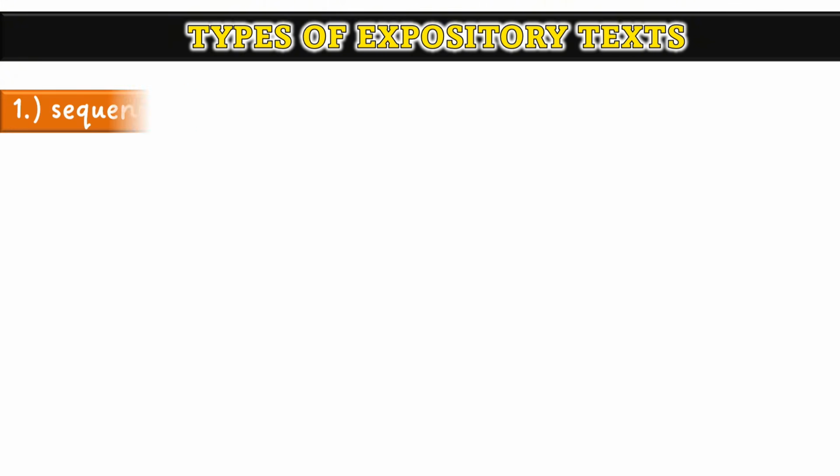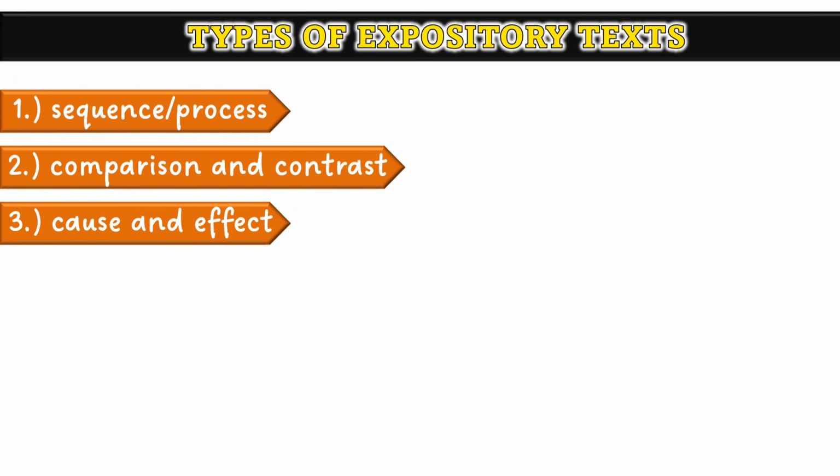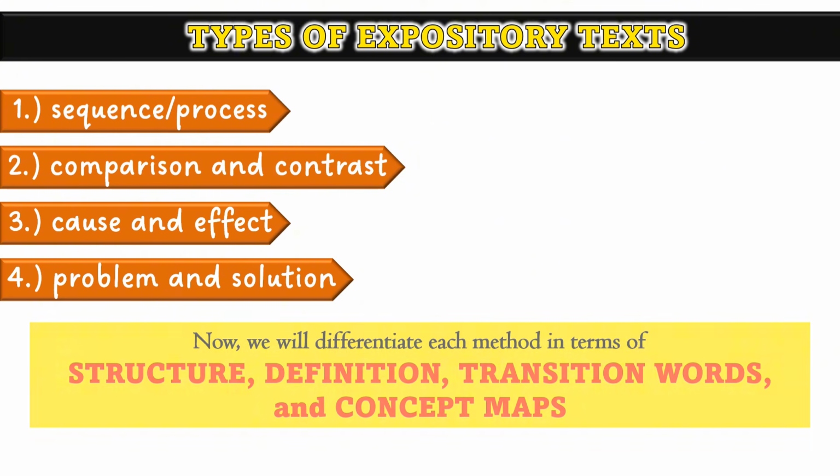We have sequence or process, comparison and contrast, cause and effect, problem and solution. Now, we will differentiate each method in terms of structure, definition, transition words, and corresponding concept maps.